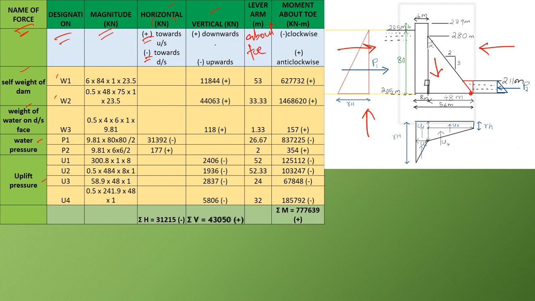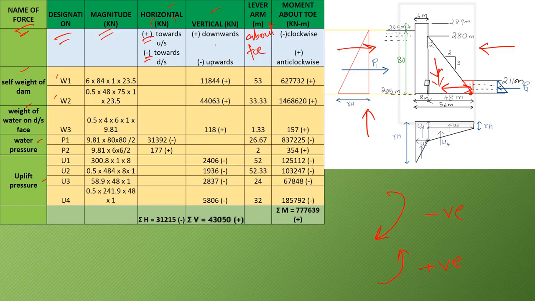For all these forces we need to find the lever arm. For example, if you take this force, this is the lever arm. Then we have the moment about the toe in kilonewton meter, where clockwise moments are taken as negative and anti-clockwise moments are taken as positive.